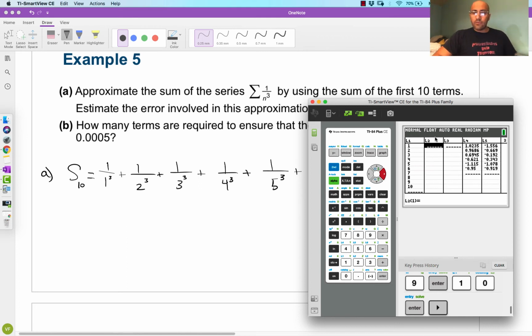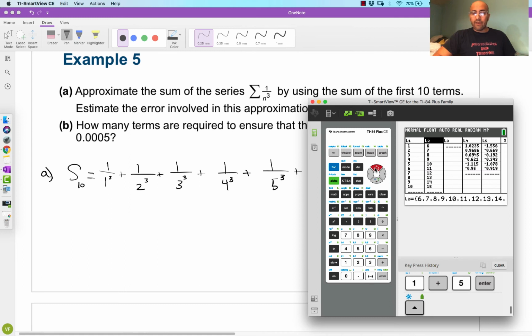To do that, I'm going to do column operations. I'm going to use my arrows to go up to where it says L2. Now I can do arithmetic with the other lists. For example, if I just did L1 plus 5, it's going to go term by term and add 5 to every one of those values. Hit enter. See, we add 5 to each one.